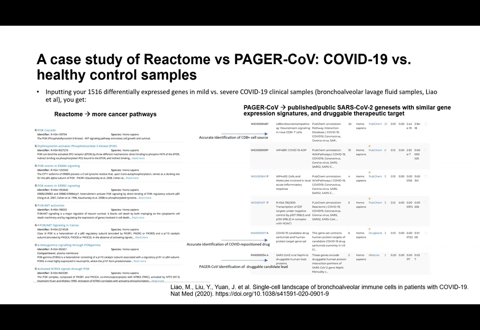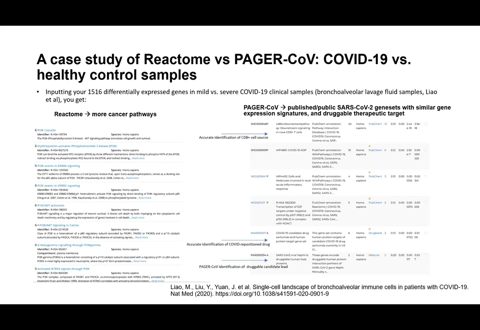Now something interesting is popping up. You can see the user interface isn't quite there. The curation still needs to get a little better, but you get accurate identification of the cell source, CD8 positive T cells. And then you get accurate identification, I think, of a possible COVID repositioned drug.